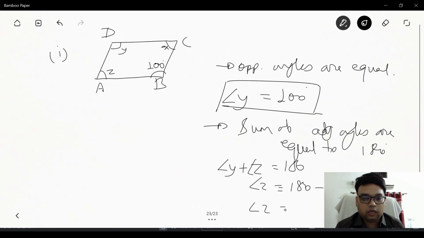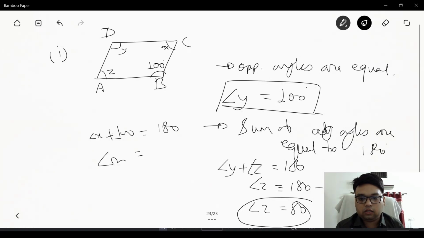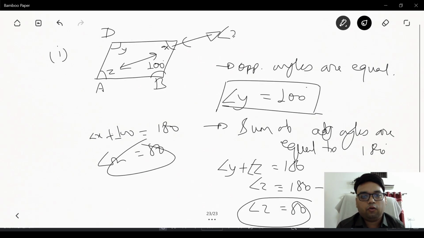That's why angle Z is equal to 80 degrees. We can also do angle X plus 100 plus 100 is equal to 180, so angle X is equal to 80 degrees, or by using opposite angles are equal, we can directly say angle X is equal to 80 degrees. So this is your question number 1.